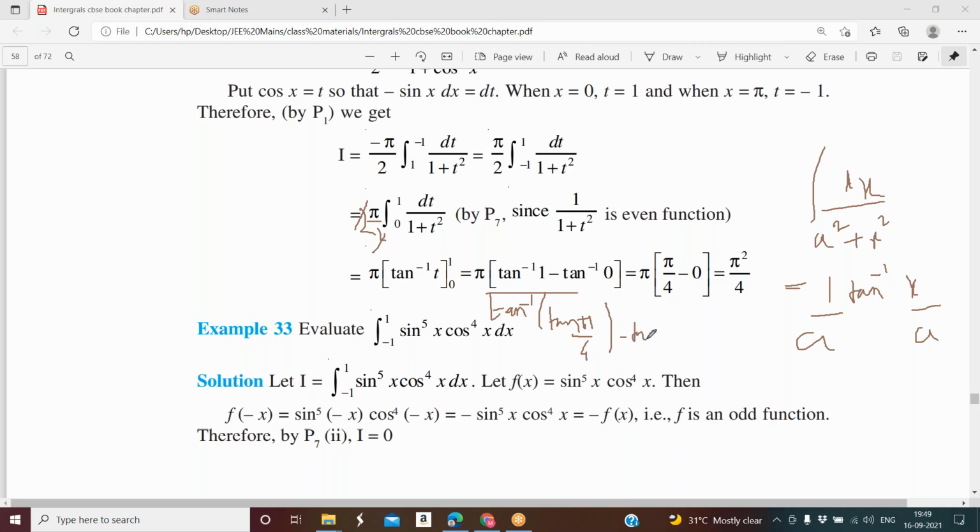And tan inverse of 0 is 0, since tan 0 is 0. So pi by 4 minus 0. So what are you getting? Pi square by 4.